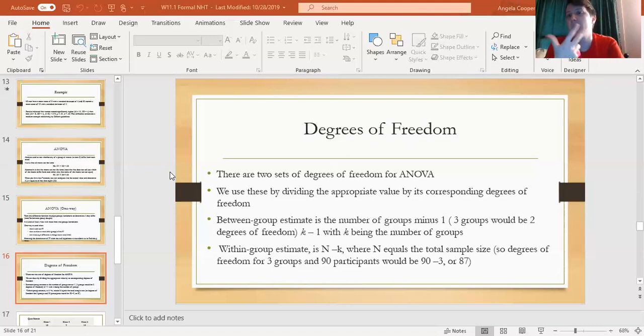So let's say there's 30 in each group: 30 art majors, 30 history majors, and 30 psych majors. Add them all together to get our total sample size: 30 plus 30 plus 30 equals 90. And now we subtract the number of groups, which is 3. So our within groups degrees of freedom would be 87, that total sample size of 90 minus the number of groups, 3. So 90 minus 3 is 87.